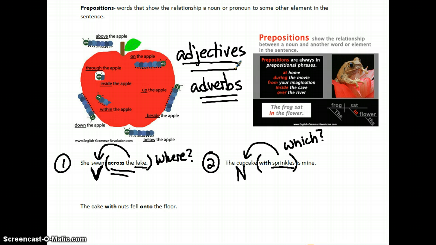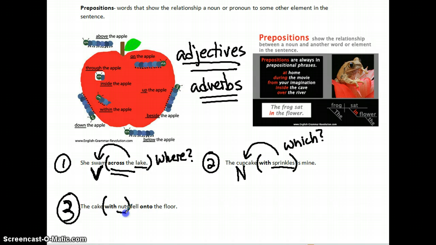Let's take a look at the third example. In the third example, the cake with nuts fell onto the floor. We've got 2 different prepositional phrases. With, just like in the second sentence, is a preposition. It takes an object, like it always will. It's the object after with.